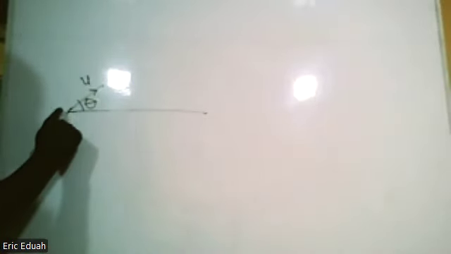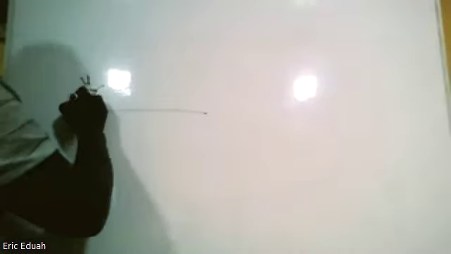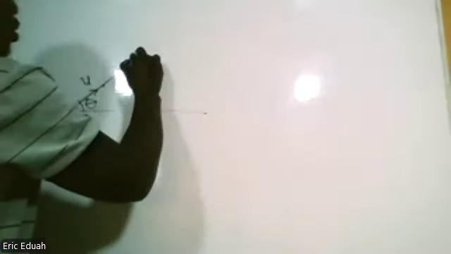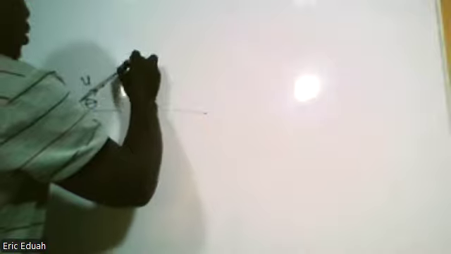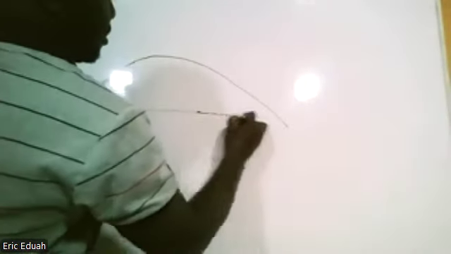Once it is projected with that velocity at angle theta, it will go along this path of trajectory and then drop. So this will be from ground to ground.